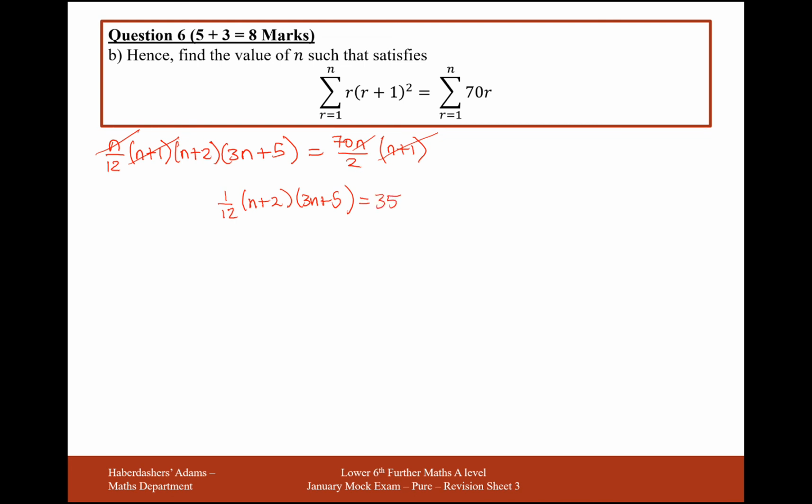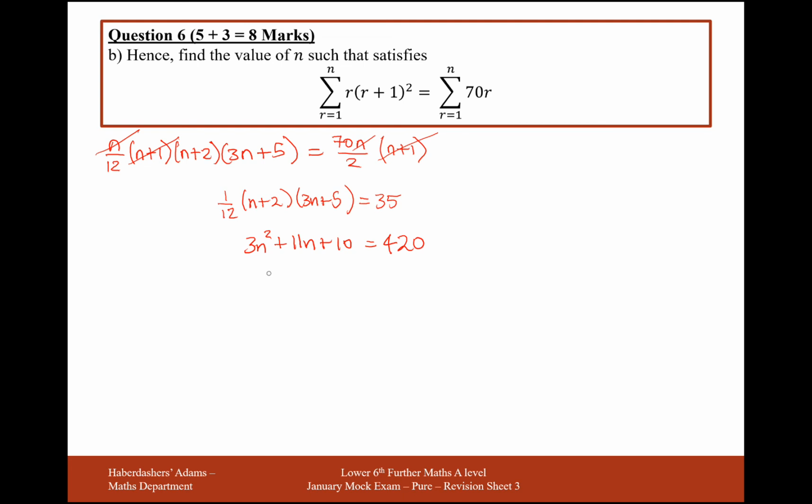Okay, so times up by the 12, and expanding the brackets of those double brackets, we're going to have 3n squared plus 11n plus 10 equals 35 times 12, which is 420.